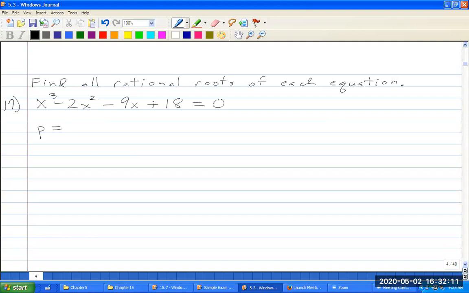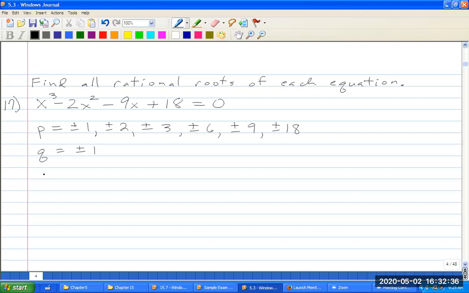And so P: 1, 2, 3, 6, 9, and 18. So these are the factors of 18. Q: oh, that's just a 1, so 1.